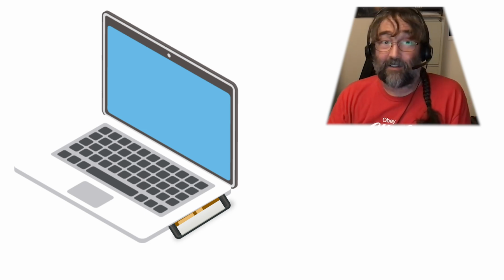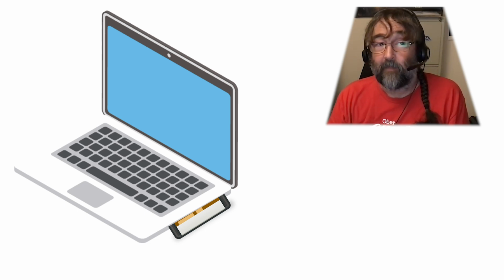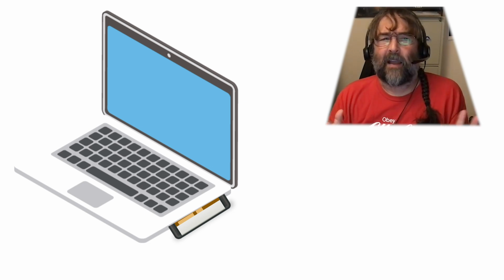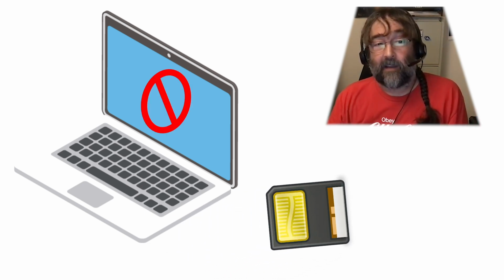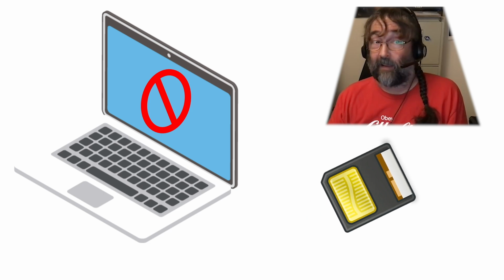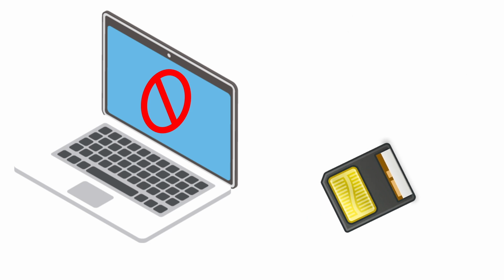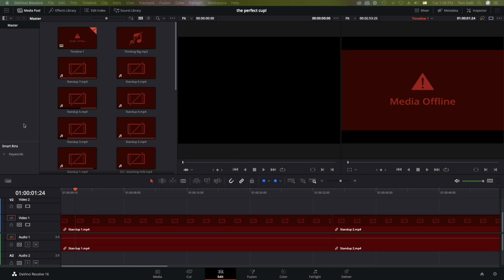You're in such an excited hurry that you start editing straight away, and you import the media from that SD card. And you edit and everything's fine and you don't think about it. Then you save the project, you quit. You take the SD card out and you put it back in the camera because that's where it belongs, right? Then the next time you turn the computer on, all of a sudden, everything's offline, everything's red. See, the problem is the media is gone. That SD card is no longer attached to the computer.